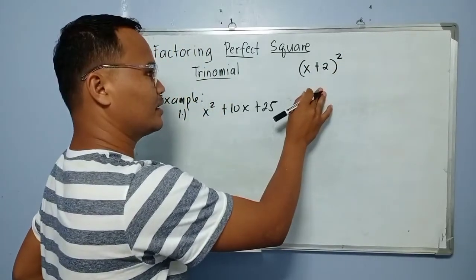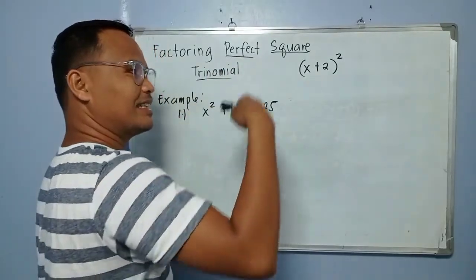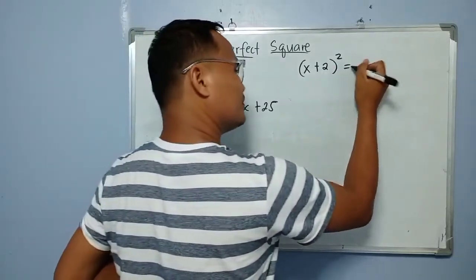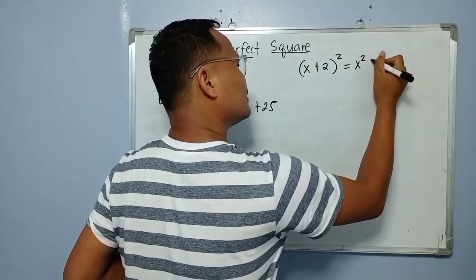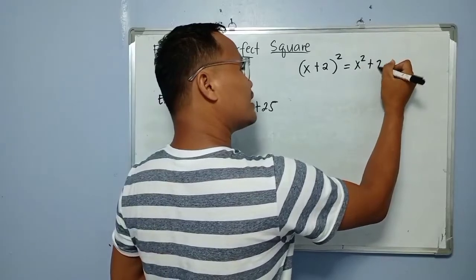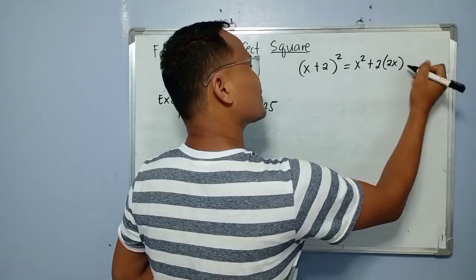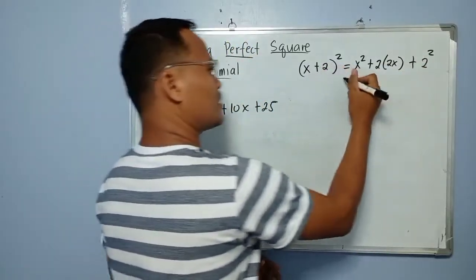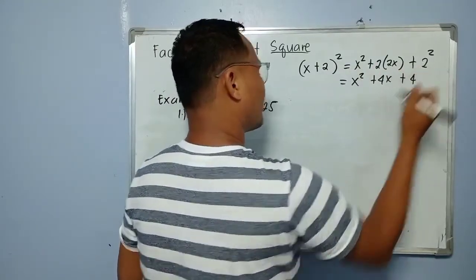Square of binomial can be expressed as a perfect square trinomial. So, what is the step again? The first one is square the first term. So we have x squared. Then the sign here is positive, so we have positive twice the product of the first and the second, 2x, plus square the second term. The result here is x squared plus 4x plus 4.